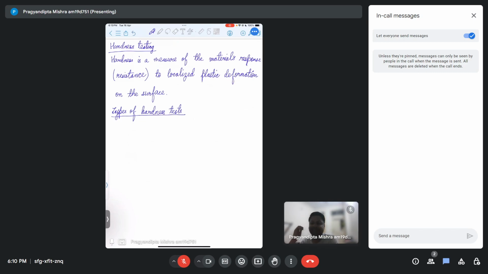One way could be to scratch the surface. You can scratch it using something and give a number based on that. That is known as scratch hardness.